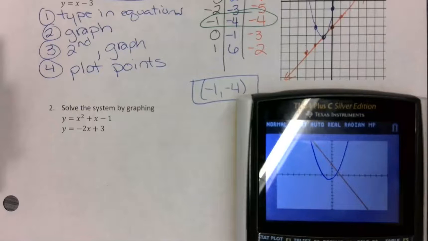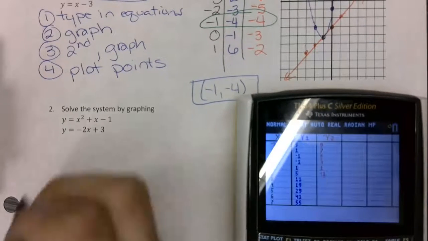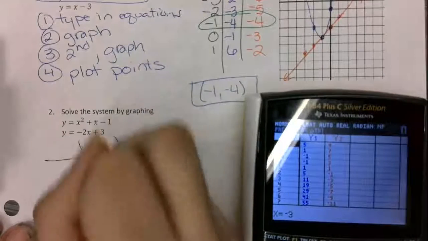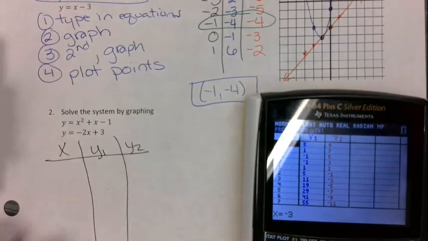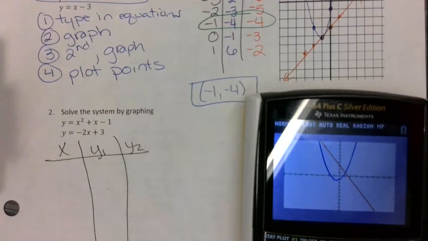Okay, now that they've graphed, I'm going to go second table. Wait a second, let me go look at my graph again.